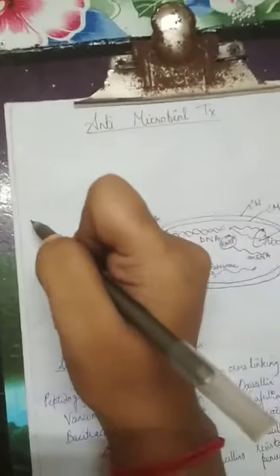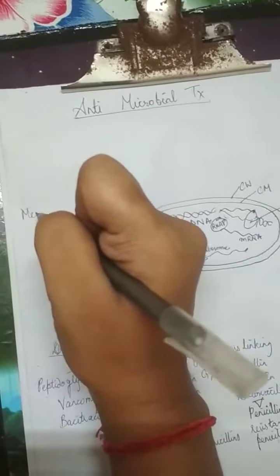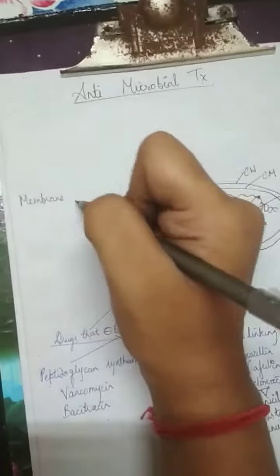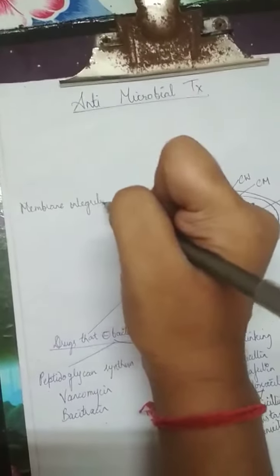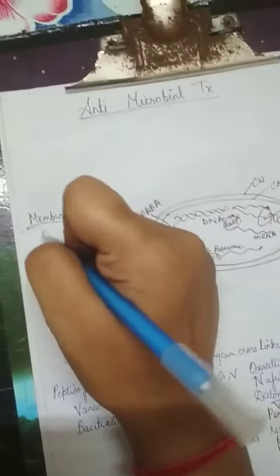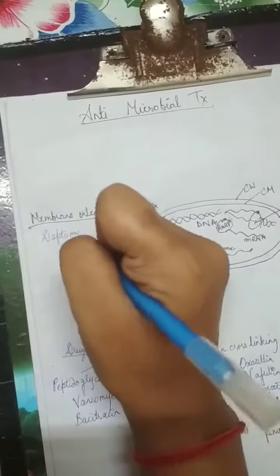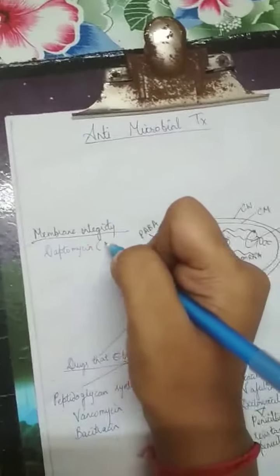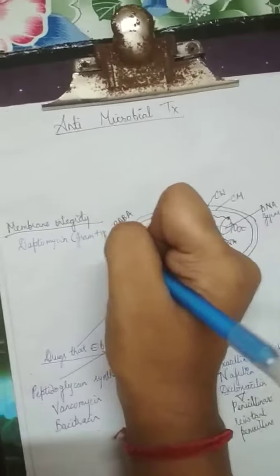Now we have another class of drug which inhibits the membrane integrity. So drugs that inhibit the membrane integrity will be daptomycin, which is mainly acting against the gram-positive bacteria.